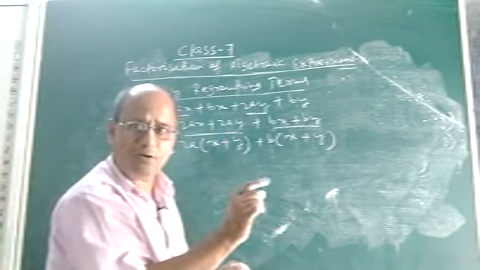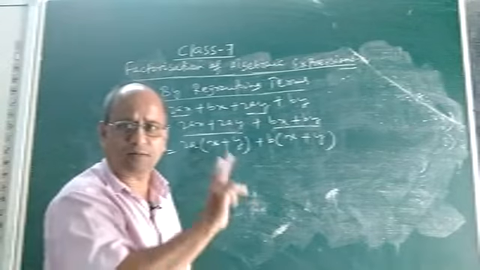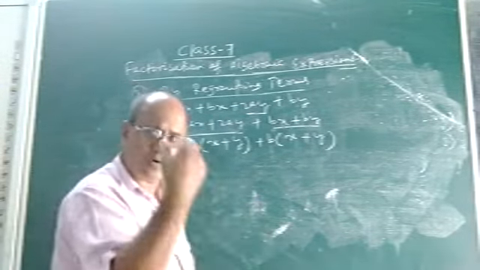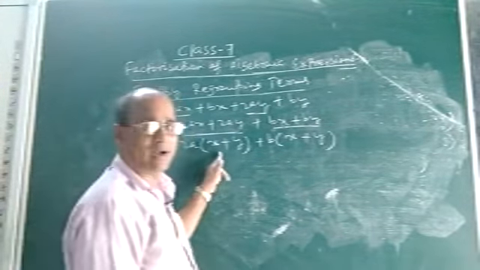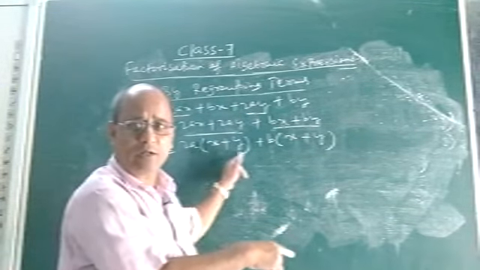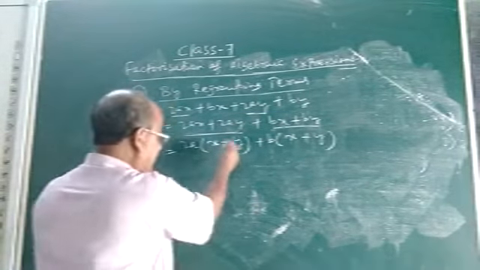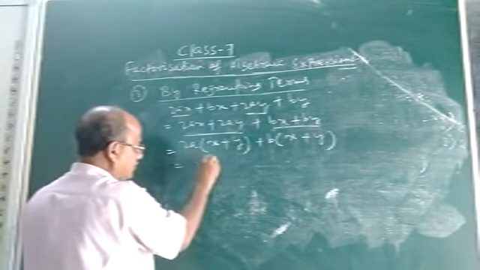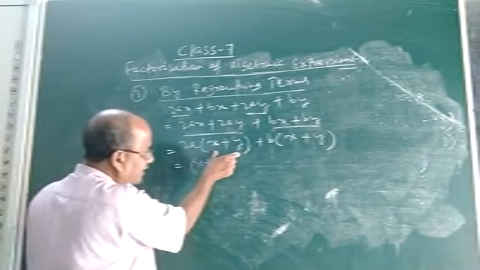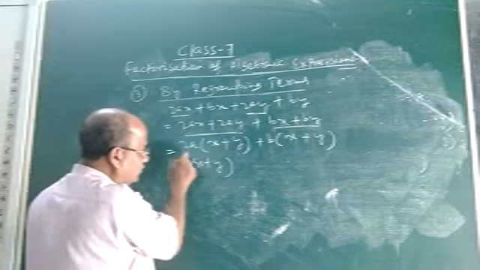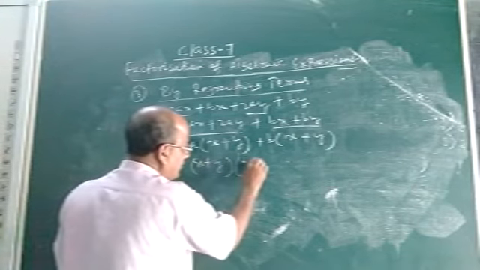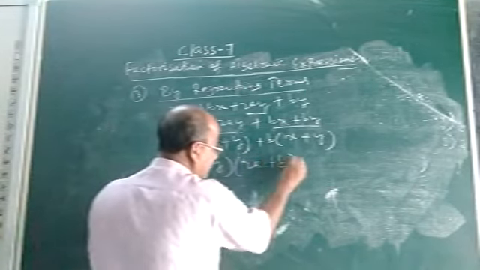So if the same binomial is multiplied to two different terms, or three different terms or more, then we can take that binomial as the common factor again. That means this binomial x plus y will be taken common. If you take x plus y as common, what will be left? 2a will be left here, and what will be left here? b.